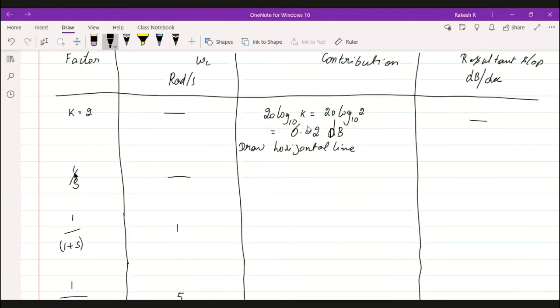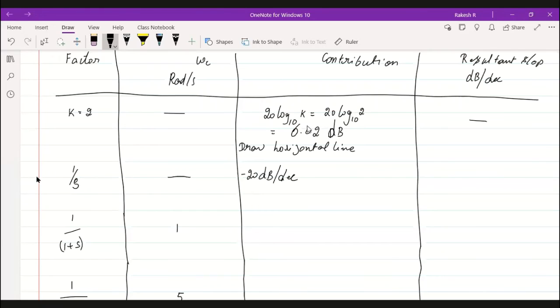Now, next one is the second one, that is pole or 0 at origin. For pole or 0 at origin, the contribution will be minus 20 dB per decade. If you have the pole, I will have minus 20 dB per decade.